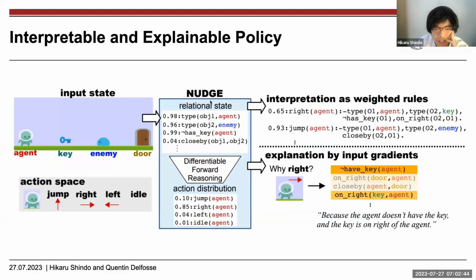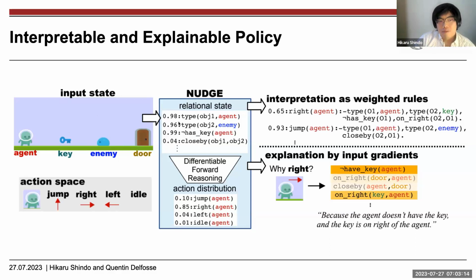We name it NUDGE. NUDGE takes an input state, for example an image, and we can perform object detection and obtain a relational representation of that state. For example, this game is Getout, where the task for the agent is to get the key, avoid enemies, and reach a door.